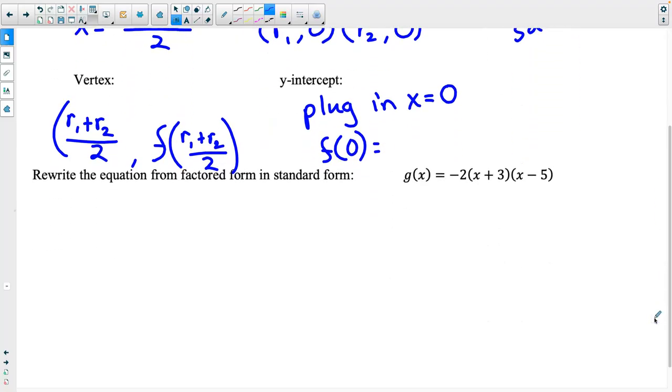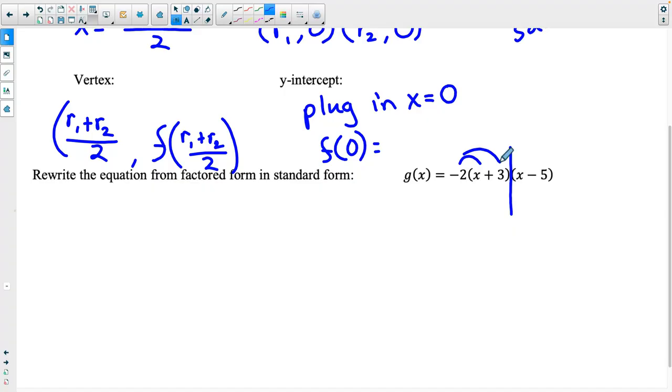All right, we're going to change this from factored form into standard form. You've done this for a while, but we're going to all do it the same way. I'm going to put a bar down, and I'm doing this because eventually you're going to have like 4 of those things that you have to put together. Not in this chapter, but later on. And so I'm going to start just by distributing that.